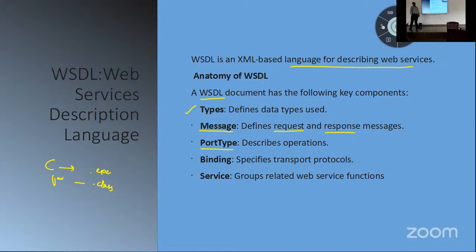It will tell about the operation, what kind of operation. Binding means it is about the transport protocol. And the last one is service. It is related to web service functions. So please note down. This is the anatomy of WSDL.